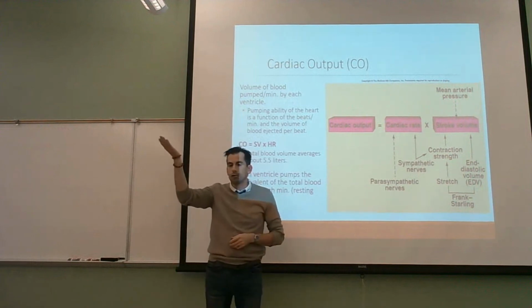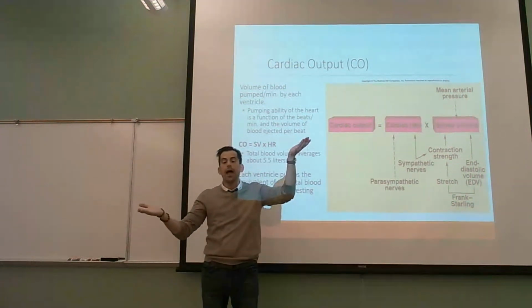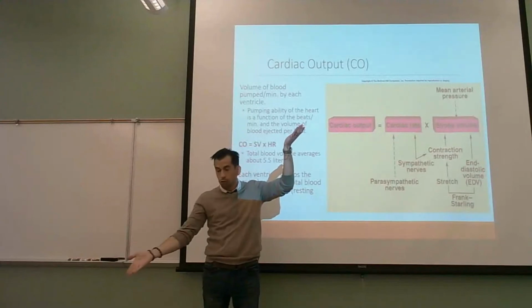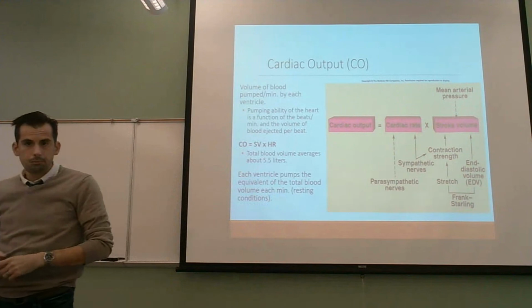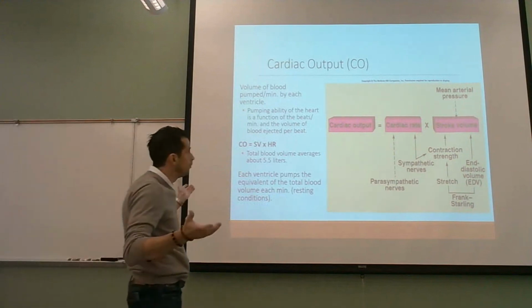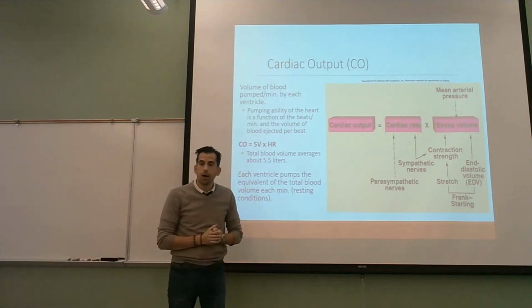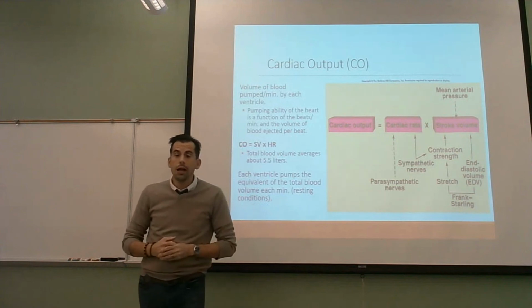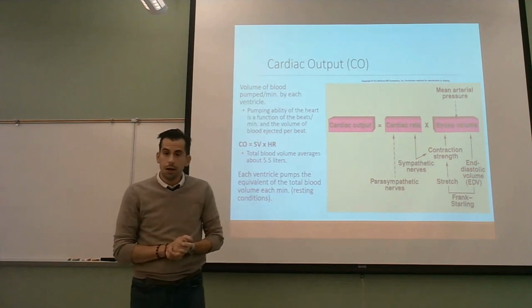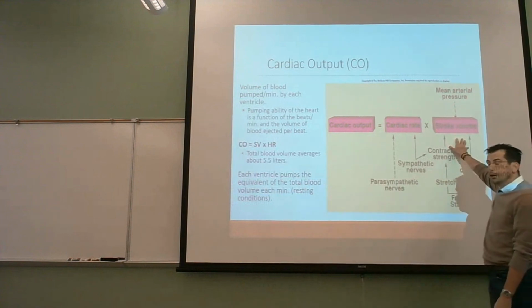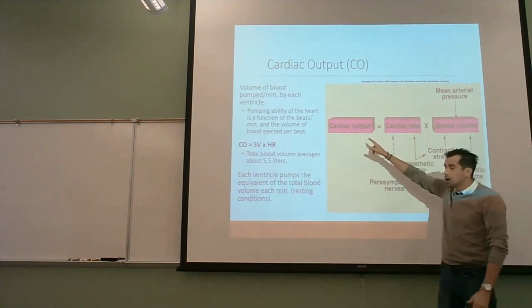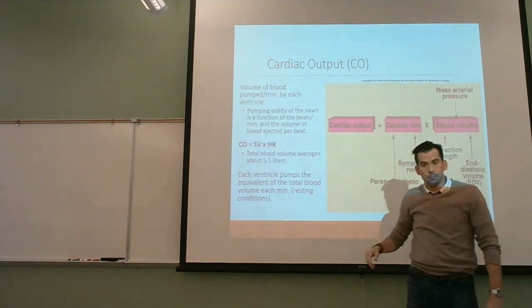If stroke volume decreases as heart rate increases, at what point do you go to zero with your stroke volume? Now, what is that? Second grade math, first grade math? Anything times zero is zero. If every time we beat, no blood is moved, then it hardly matters what the heart rate is. Cardiac output is also going to be zero.